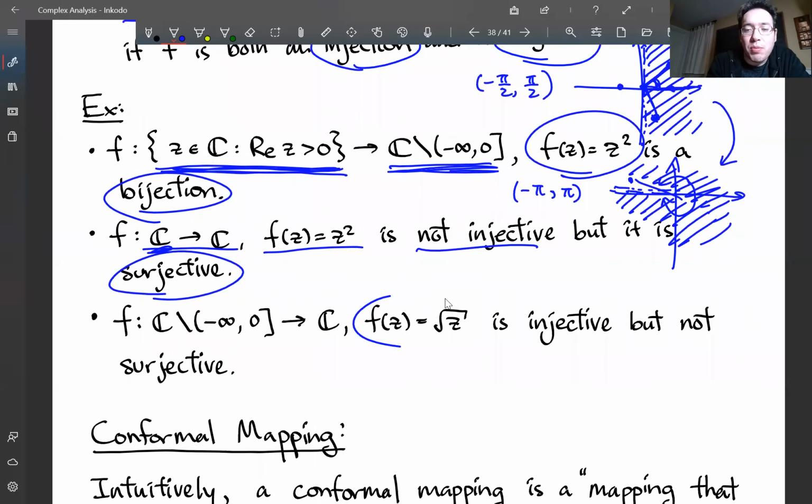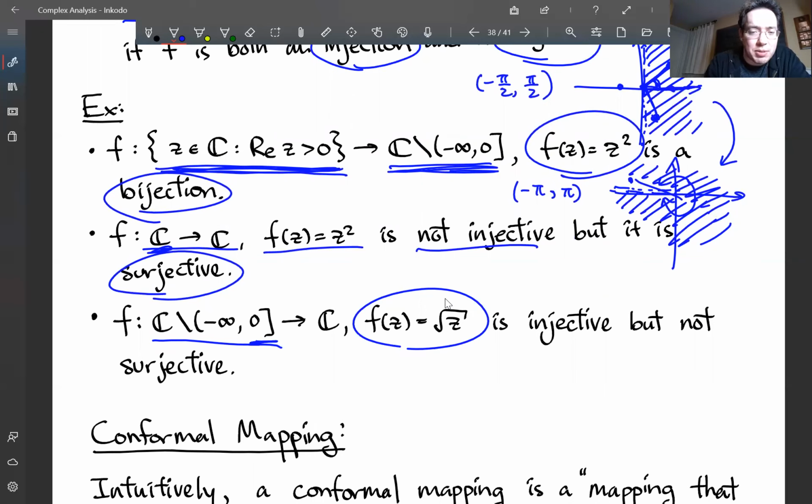If you're looking at the square root function, that goes from the complex plane minus the negative real axis, then it's injective, but it's not surjective because, for example, it misses 0, right?